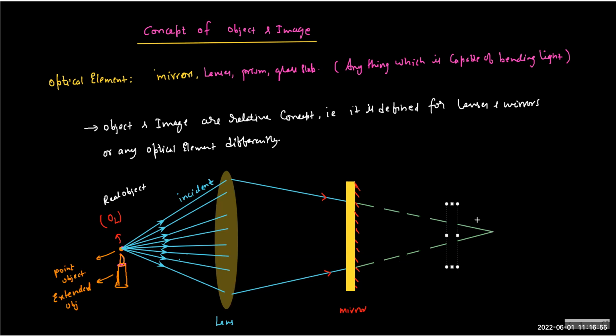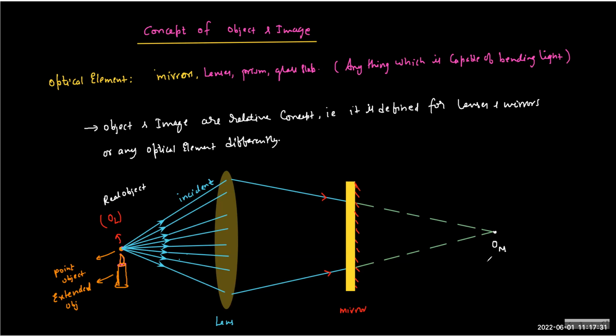Why? Because we know that the light ray is not able to reach there. This is the extension of the incident light. We have to make the light rays meet either by tracing back, but if that fails, we extend forward and we meet them virtually. So we let them meet virtually, and therefore this point is called the object for the mirror.